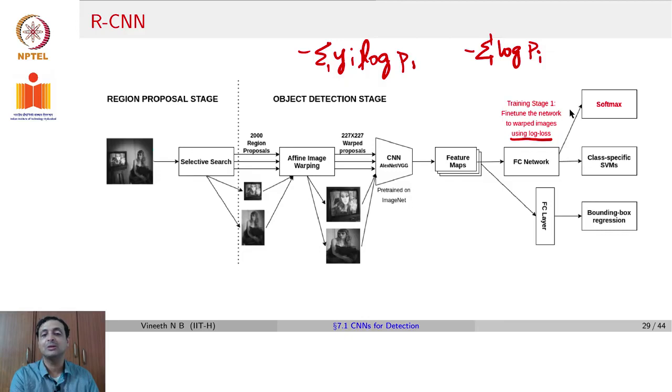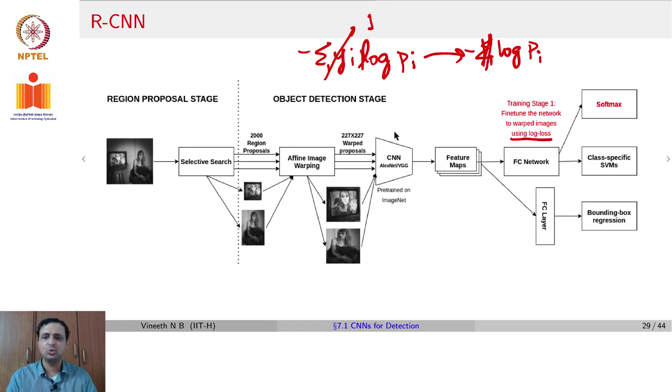Remember that your ground truth is going to be 1 only for the correct class and 0 for all other classes. So you'll be left with just minus log pi, no summation. And that's why we sometimes call cross entropy loss just log loss, because when you use it for a multi-class classification setting, that's what it turns out to be.